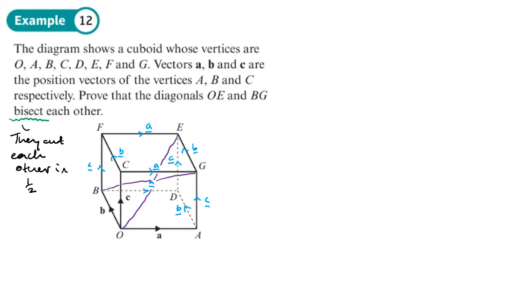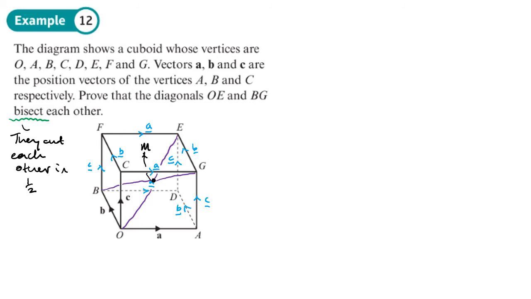Now that means we need to call the point where they cut each other. We need to give it a name. So let's call that point X. Yeah, you quite often find in questions, or even M for the midpoint. Let's use M for midpoint. You'll find that a lot in GCSE. So point M is going to be what we call the midpoint of these two diagonals.